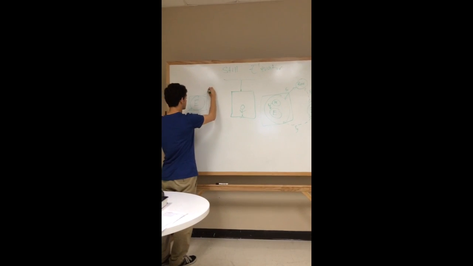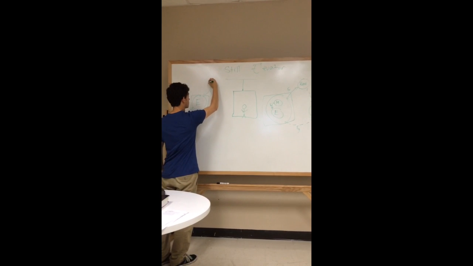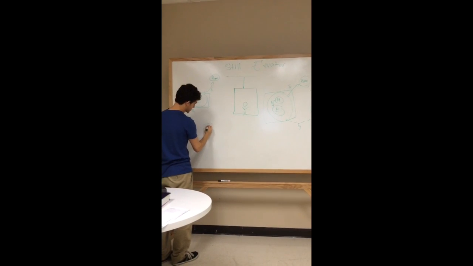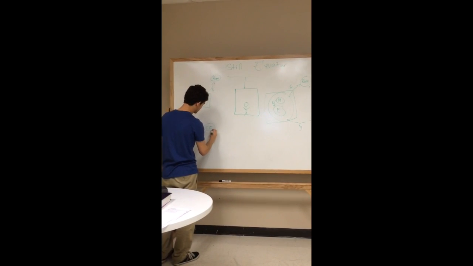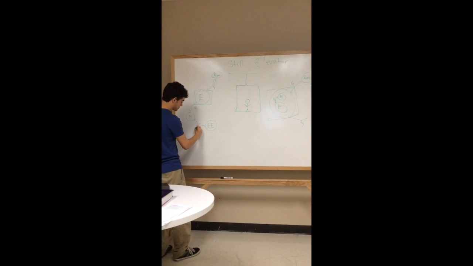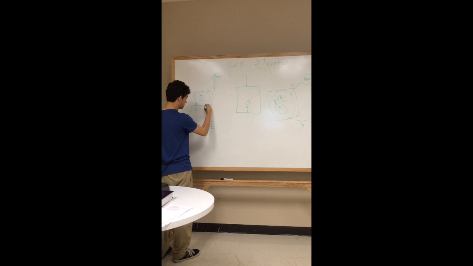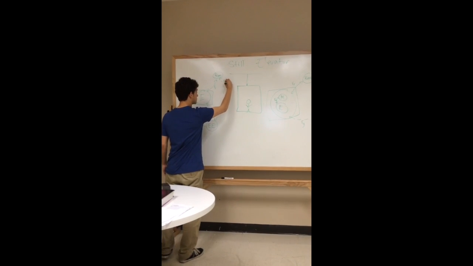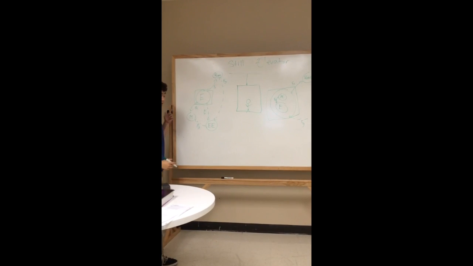It's going to have force tension on the rope. And then entire Earth. And gravity is going to affect everything. Okay, and this is the system schema for the elevator.